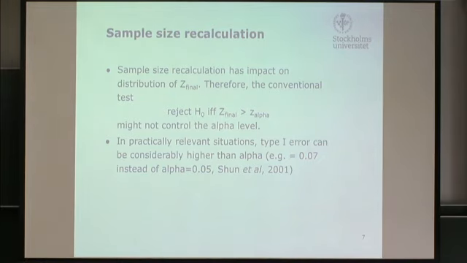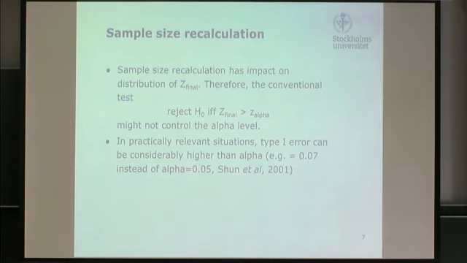You can understand this by thinking what happens under the null hypothesis. Under the null hypothesis, when theta is 0, then we might by chance anyway have a positive theta estimate in the interim analysis.